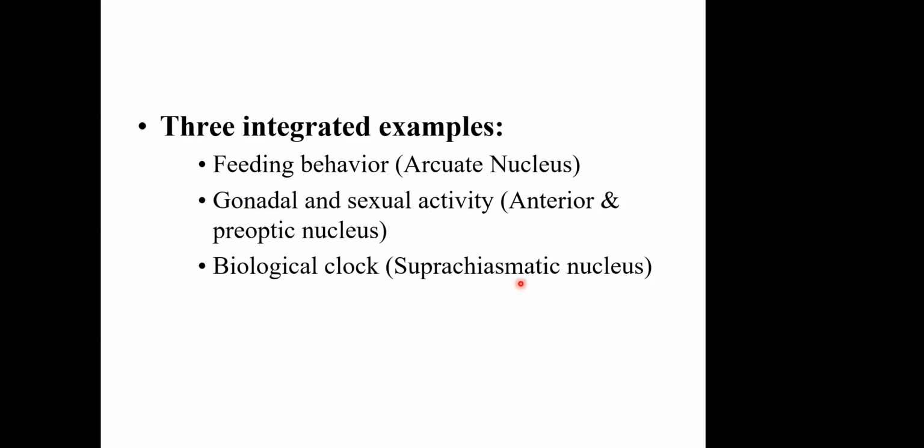Third is the suprachiasmatic nucleus, SCN, and here we will talk about how this is the master clock of the hypothalamus, the internal biological clock. We will study some pretty interesting things under this head. Okay, starting from the top, let's look at the hypothalamus and how it controls feeding behavior.